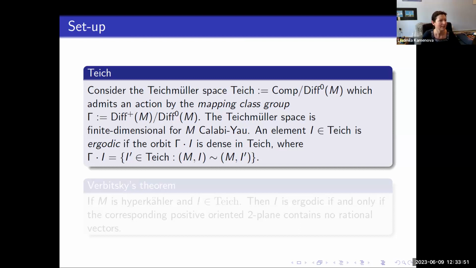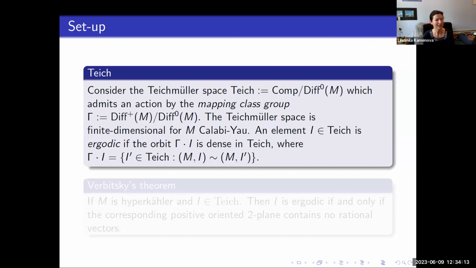So consider the Teichmüller space of complex structures on a hyperkähler. It admits an action of the mapping class group, which is the quotient of orientable diffeomorphisms on M modulo the connected component.